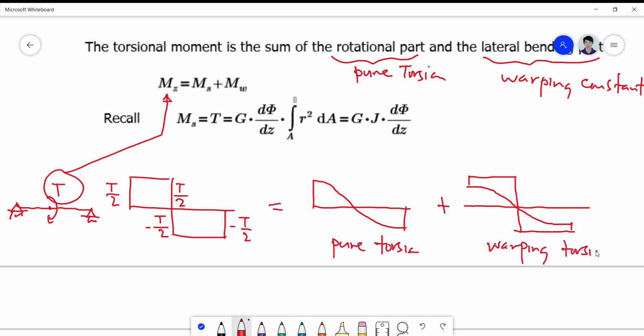So if I add these two here, the shaded parts are the values of the torsional moment. So it will end up into this simple torsional shear diagram. Okay, it's just like a shear diagram.